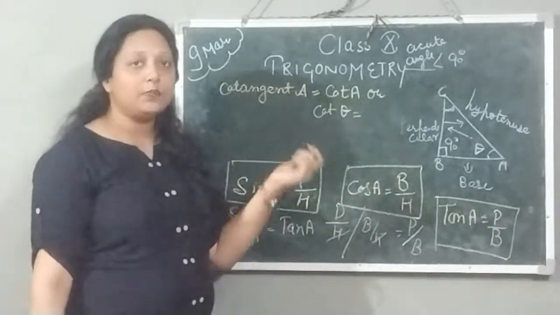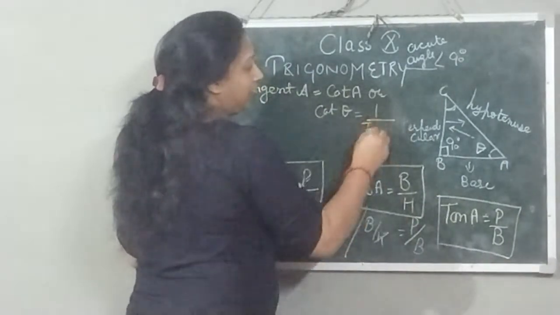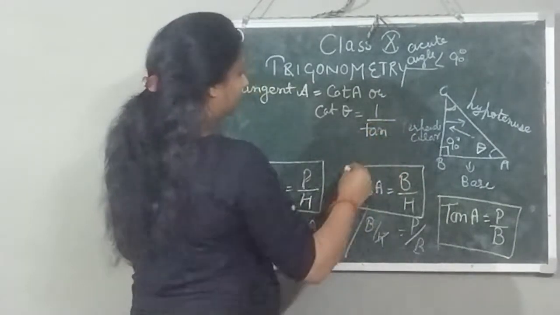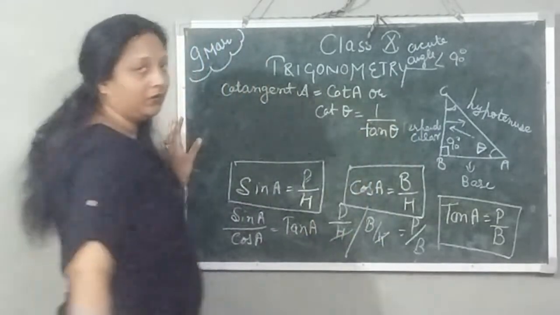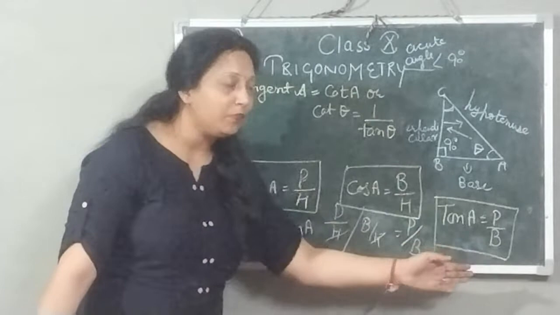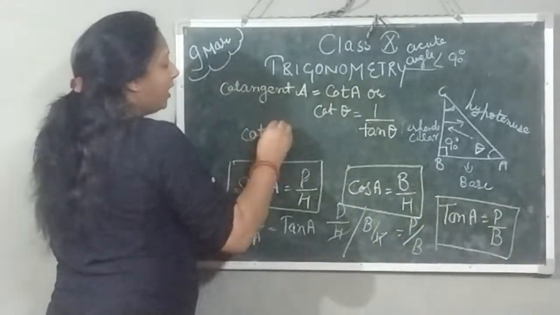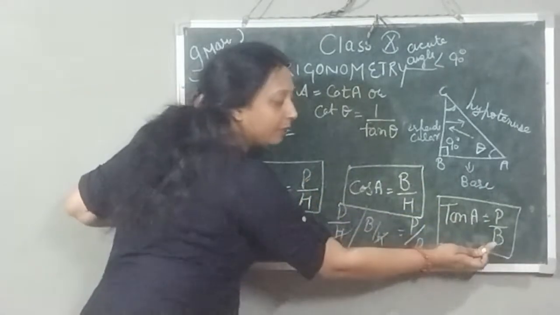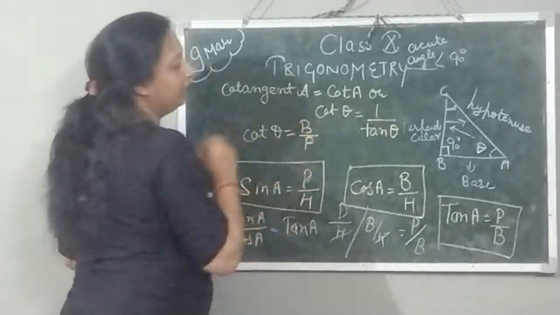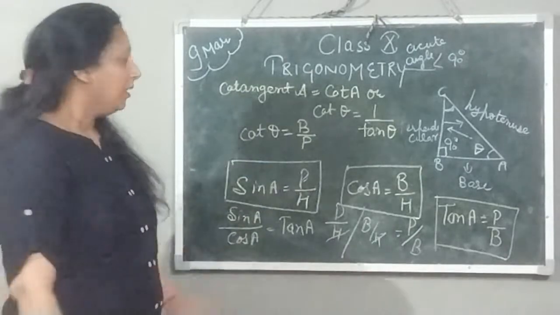So we can write it like 1 upon tan theta. What is the value of tan theta? You can see here that is P upon B. So what will be the value of cot theta? The reciprocal of tan theta is base upon perpendicular. So we can write here base upon perpendicular. Got my words? Okay.